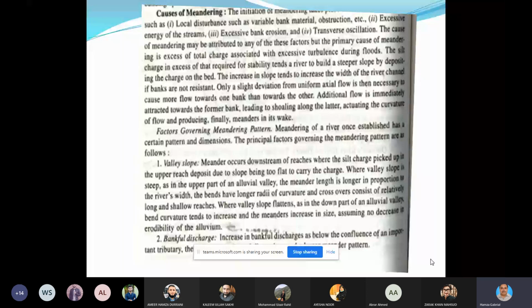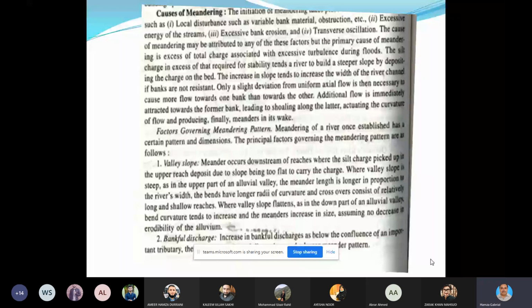So the river will also try to literally shift from one side to the other, eroding the outer side and depositing material or sediments on the inner side.